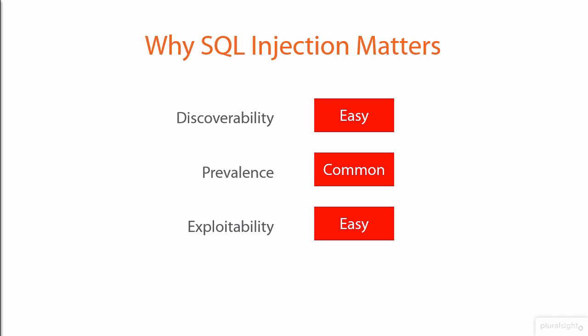It is so easy, I've got a video on my blog of my 3-year-old exploiting it, just to illustrate the point of how simple it is to exploit a SQL injection risk. Now, the final problem, and this is the real sting in the tail of SQL injection, is the impact, and it is severe.